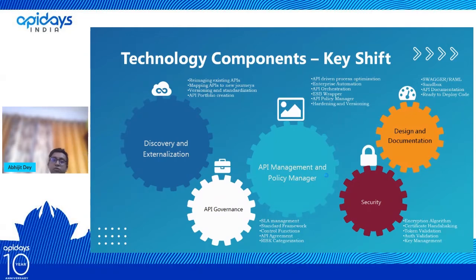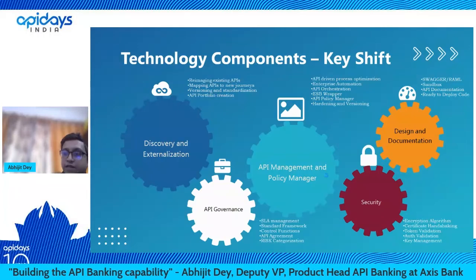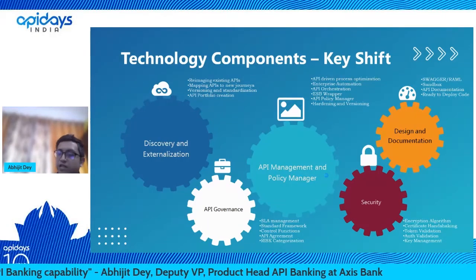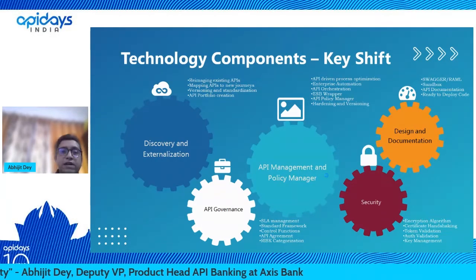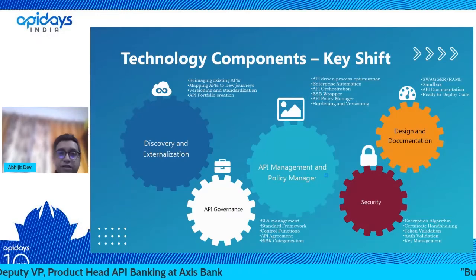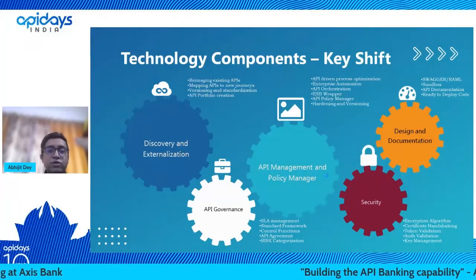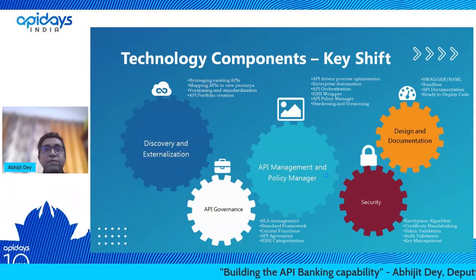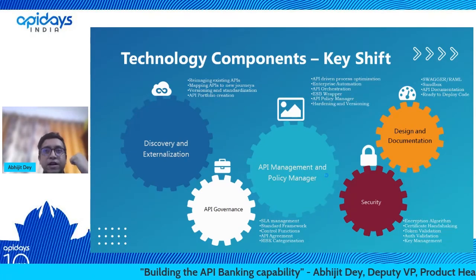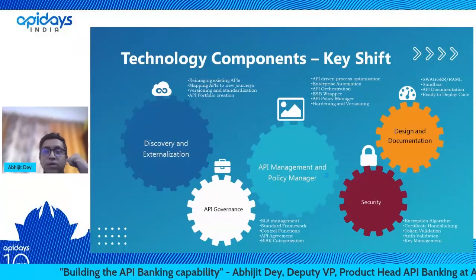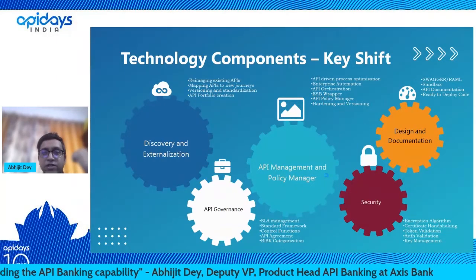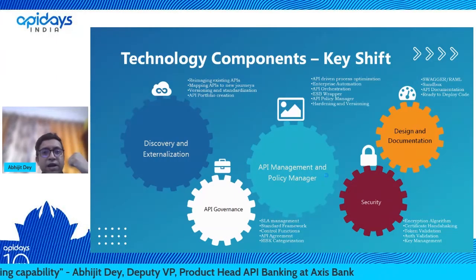Also, what we have seen in large organizations, right, is that there are multiple product processor applications. Every application has its own API definition, its own API signature, right? But when you are publishing these APIs for your third parties, you should have one standard documentation, one standard API signature or definition, as well as the API handshaking policy.